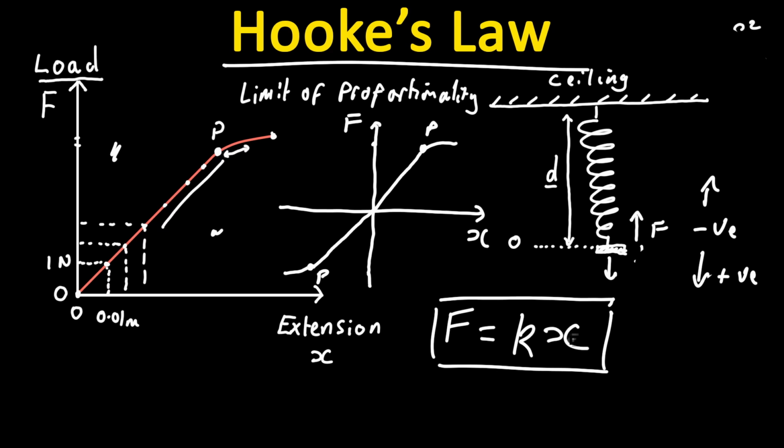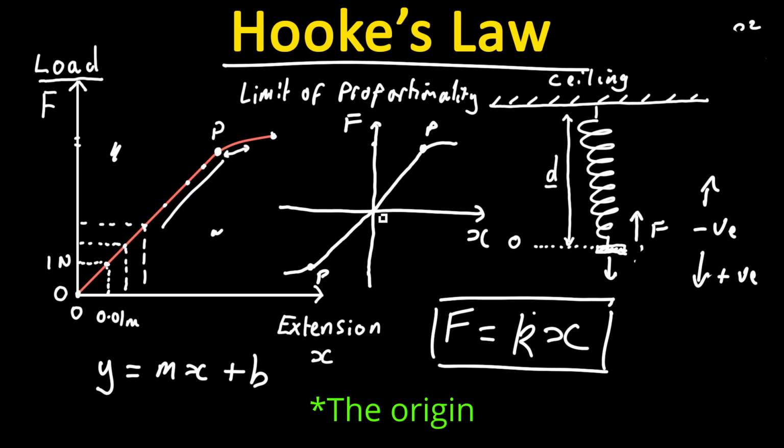So if we have a look at Hooke's law quickly, it looks very similar to the equation of a straight line graph. So y equals mx plus b, where m is the gradient or the spring constant here, and b in this case is equal to 0 because the straight line is going through the center of the graph here, and the y-axis is equal to the force that we're applying to the spring.